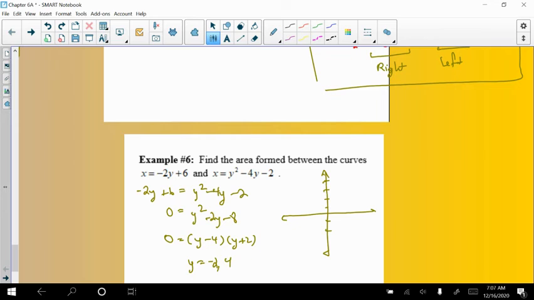Now, I don't know exactly where, but if I put y equals negative 2, I would get an x value of 10 in either one, right? Negative 2 times negative 2 is 4 plus 6 is 10. So when y is negative 2, x is 10. And then if I put in 4, negative 2 times 4 is negative 8. Negative 8 plus 6 is negative 2.